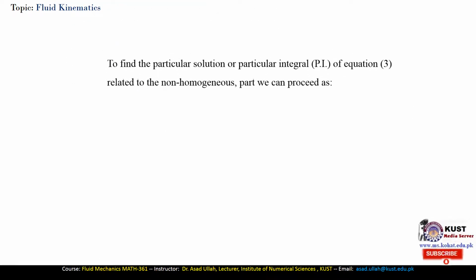Now, to find the particular solution or the particular integral of equation 3, that is the non-homogeneous part of equation number 3, we can write particular integral equals the non-homogeneous part, that is minus 3t plus 2, divided by the homogeneous part of the differential equation, that is D squared minus 3D plus 2.